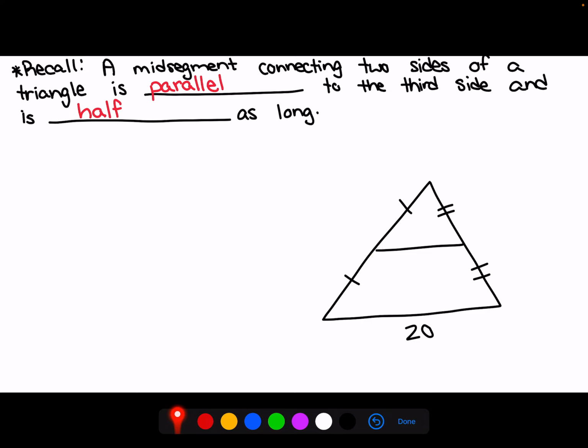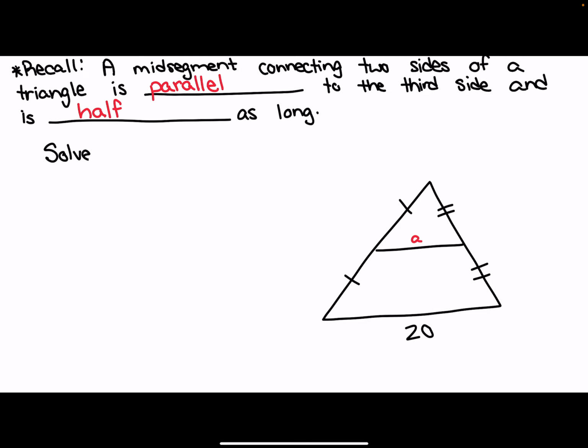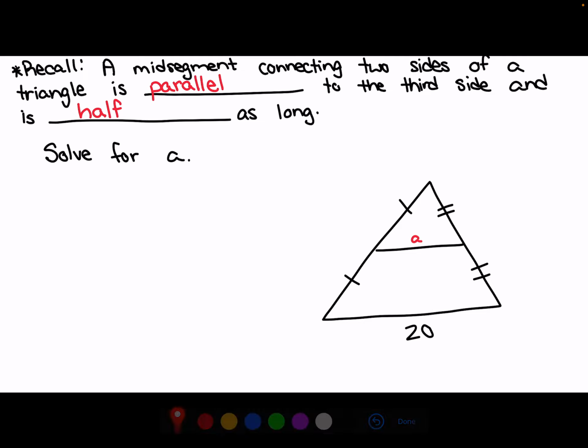Well, if that's the case, these lines are parallel to each other, the 20 and this midsegment here. And also the midsegment is half as long as the side it's parallel to. So if that is A, we can go ahead and solve for it. A will be half of the side it's parallel to, which is 20. So A is equal to 10.